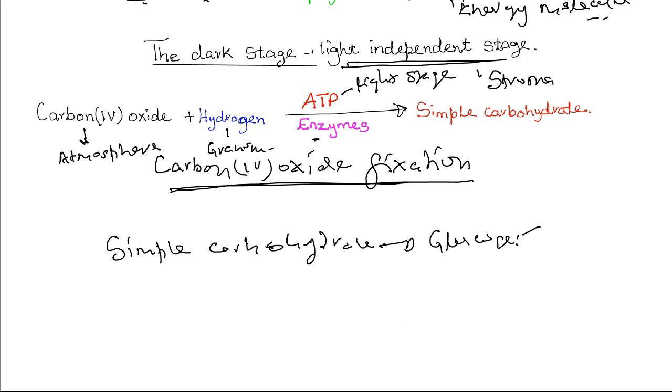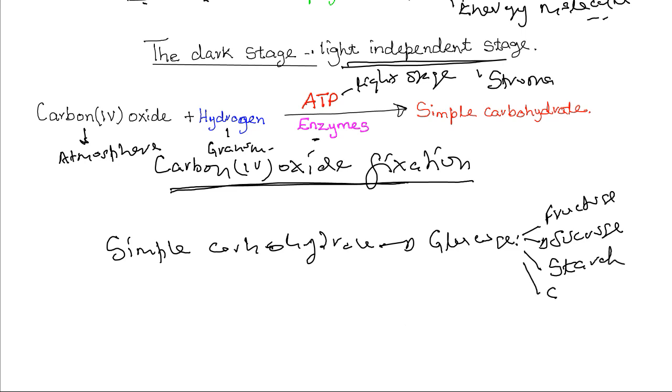This glucose can then be converted to fructose, and glucose and fructose together used to form sucrose. The glucose can also be converted into starch for storage. That glucose can be used to form cellulose, which makes up the cell wall of plant cells.